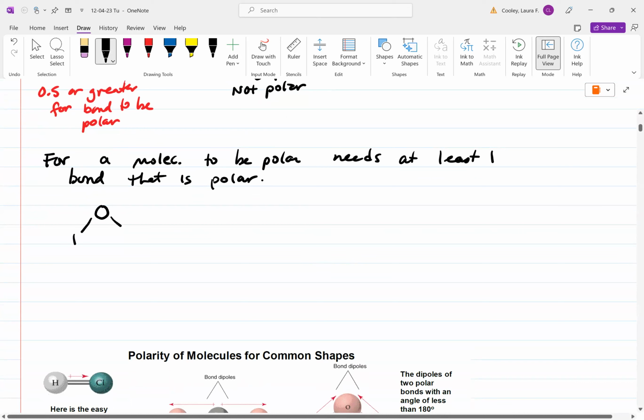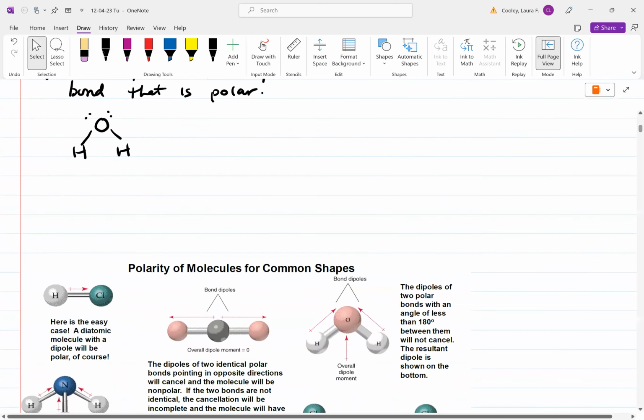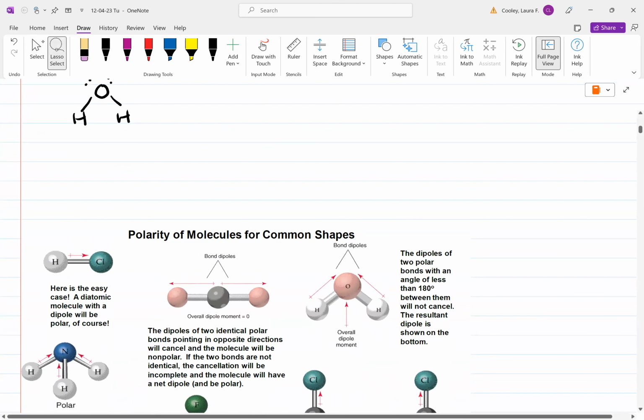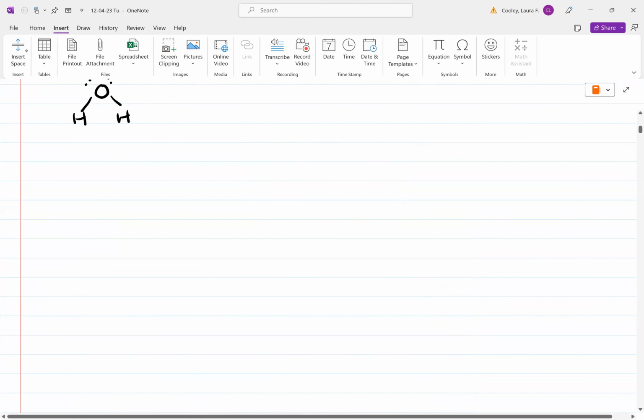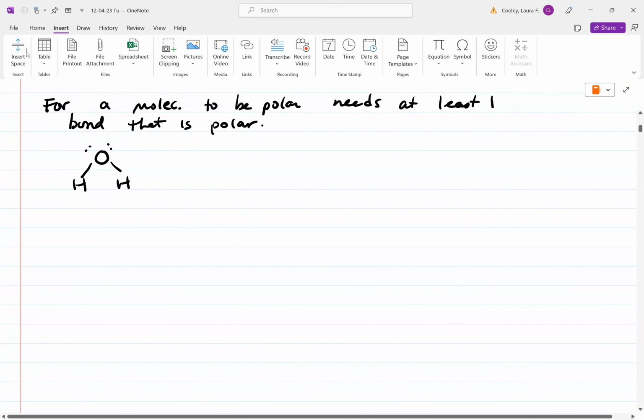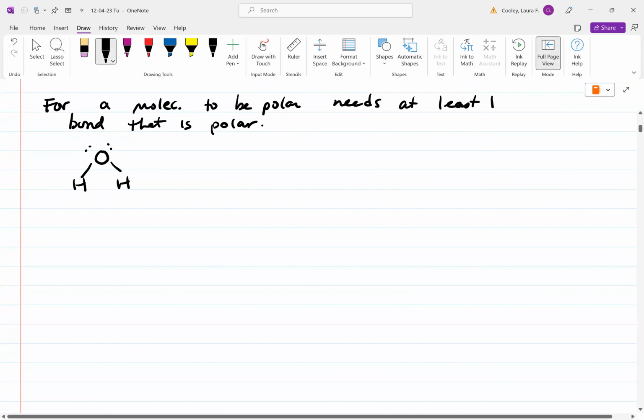Here's H2O, if you draw it with its bent angle that we know it has. And then we look at CO2. Here's the Lewis structure.